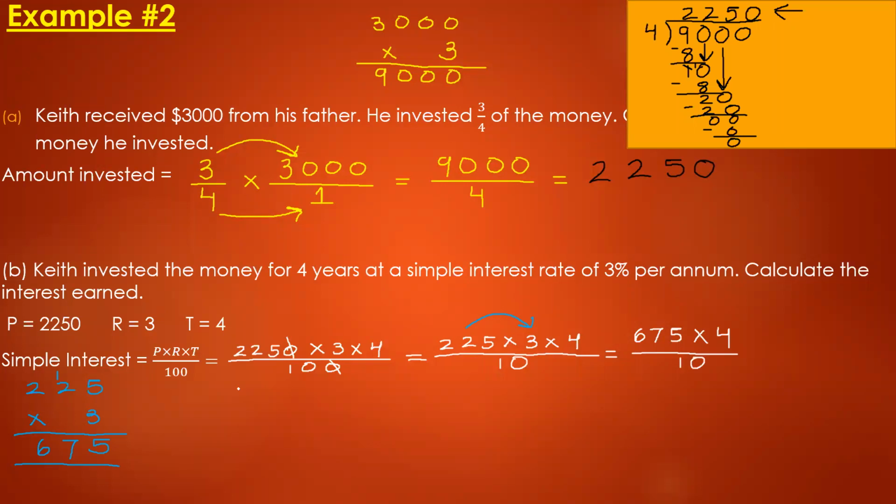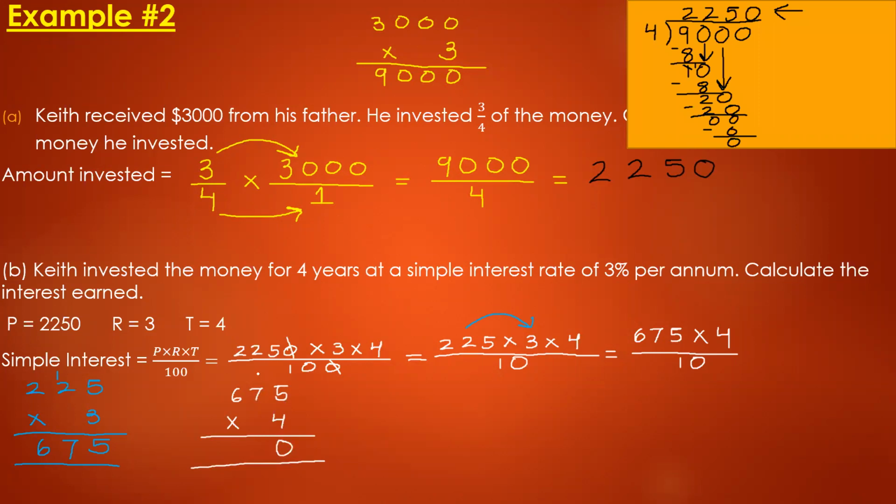So we have 675 multiplied by 4. 4 times 5 is 20.